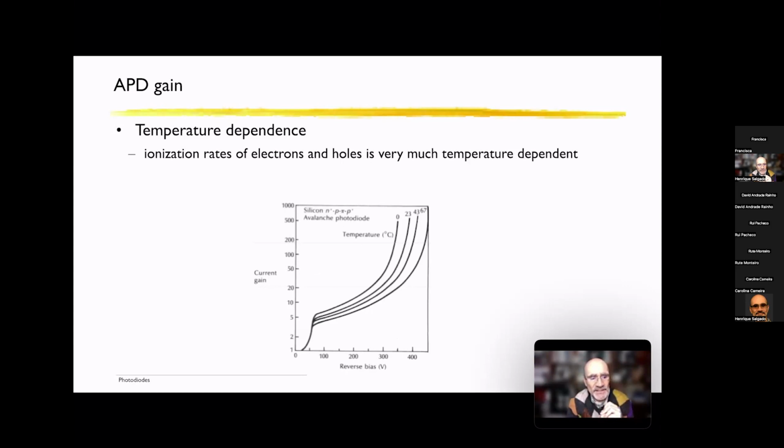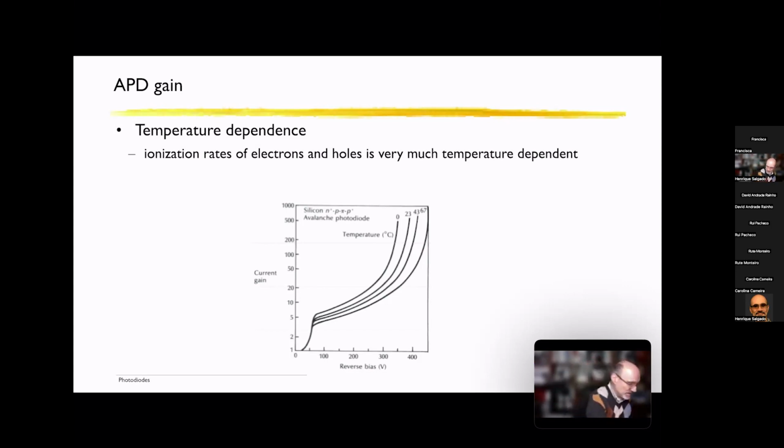And the device is also very much temperature dependent, because the avalanche gain depends a lot on the thermal vibration of the atoms. So if you increase the temperature, the current drops. It can drop a lot, for example.